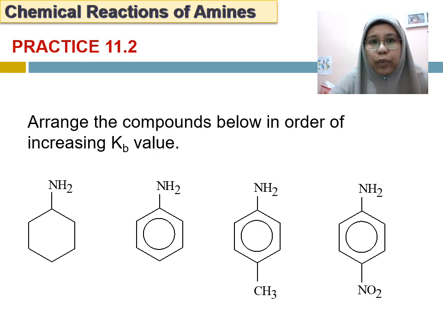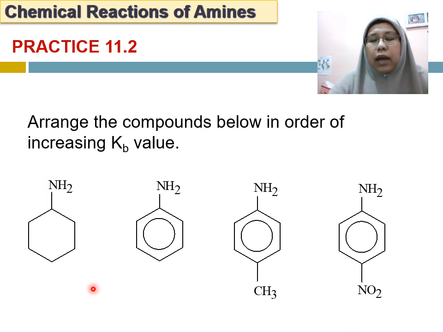Okay, so we need to arrange by increasing basicity. The lowest basicity would be the aromatic ring that has EWG attached to it. Which one is EWG? Yes, this one, NO2. So this would be on the left here, number 1.